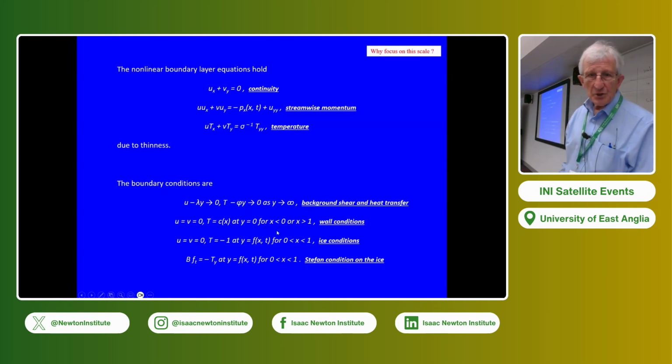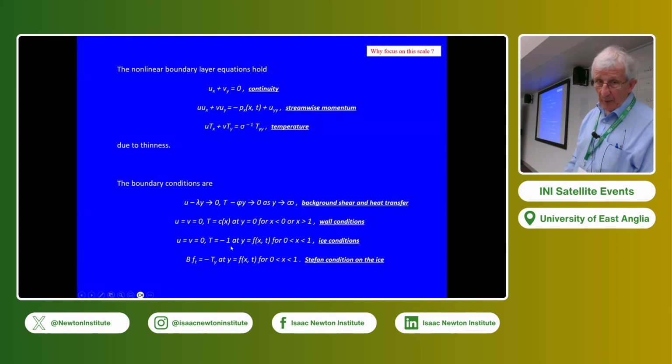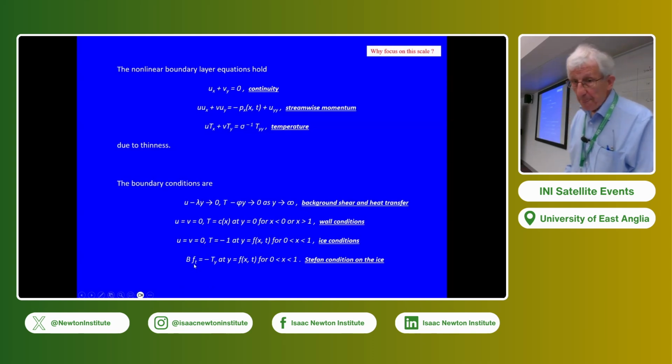And then the wall conditions are, as we've seen already, no slip and prescribed temperature. But on the ice itself, the temperature's got to be -1, and y equals f is unknown. And then here's the Stefan condition, which is df dt is proportional to the unknown temperature gradient on the ice.